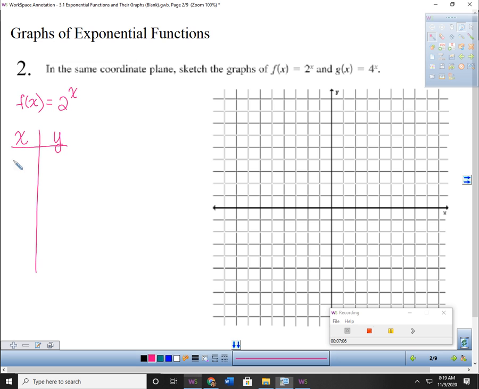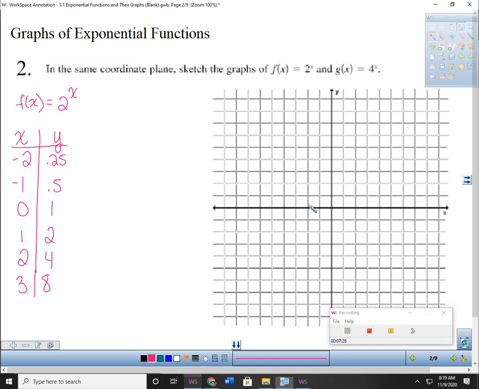So we've got -2, 0.25, -1, 0.5, 0, 1, 1, 2, 2, 4, 3, 8, and then 4 was going to be off the graph, right? So I'm going to go ahead and plot these points over here.